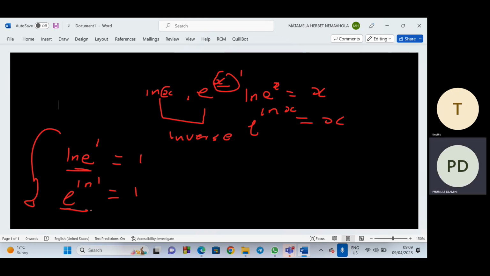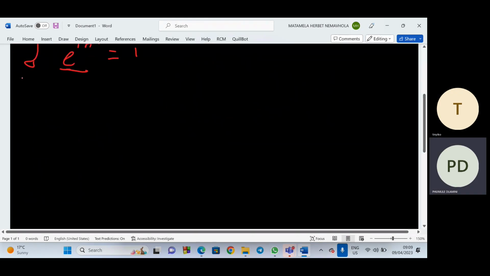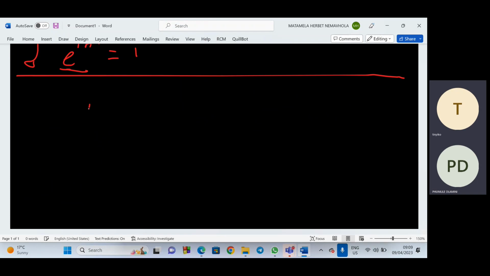Okay. So now the formulas. Normally you will be asked, for example, an equation y equals x e to the power 2x. In this equation, we have two functions.